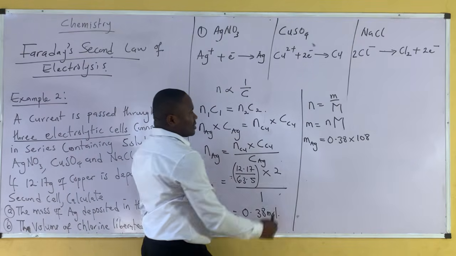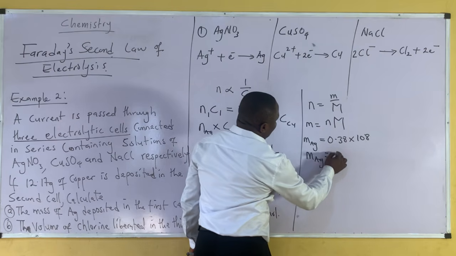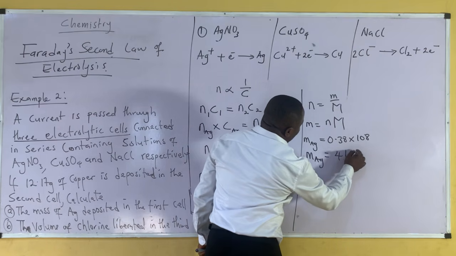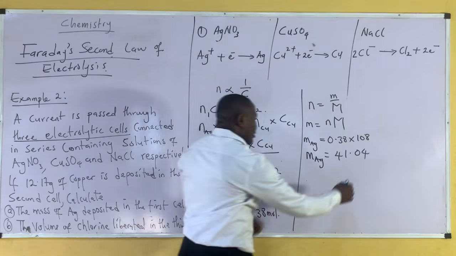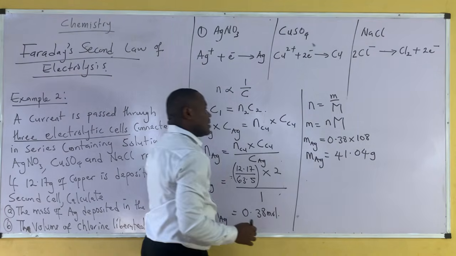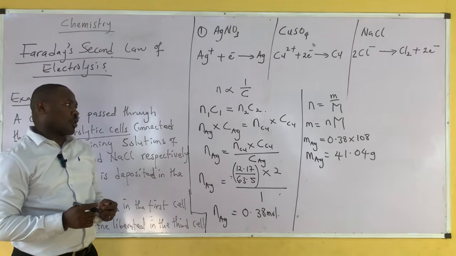So what becomes the answer? The mass of silver is 41.04 grams.